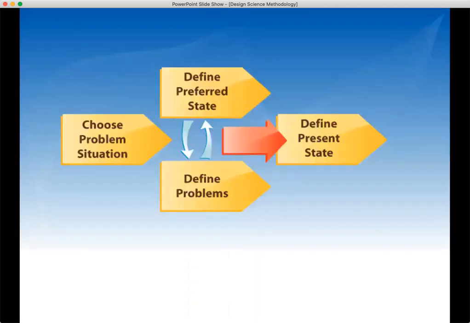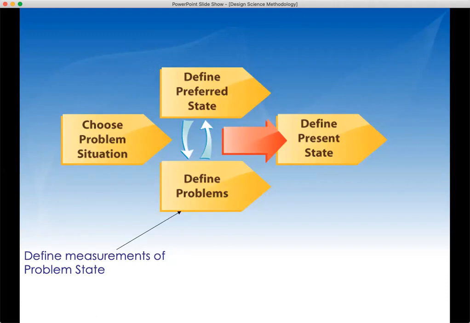All right. This is, again, an overview of a certain part of the design science planning process. Choose the problem, do the preferred state, the problem state, define the present state. And you want to define measurements of the problem state. What's going on in terms of the data, the numbers?